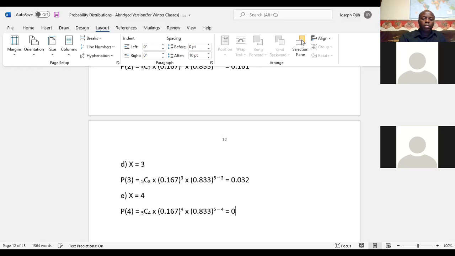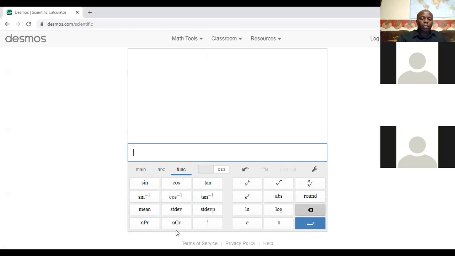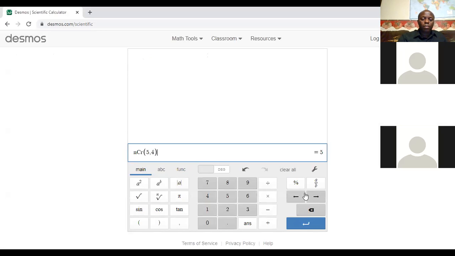So let's go and get our results. 5 combination 4, times 0.167 raised to the power 4, times 0.833 raised to the power 5 minus 4, which is 1.